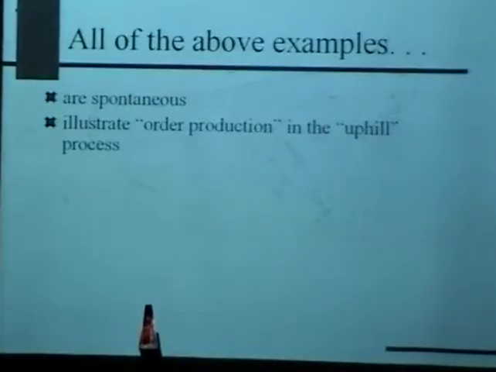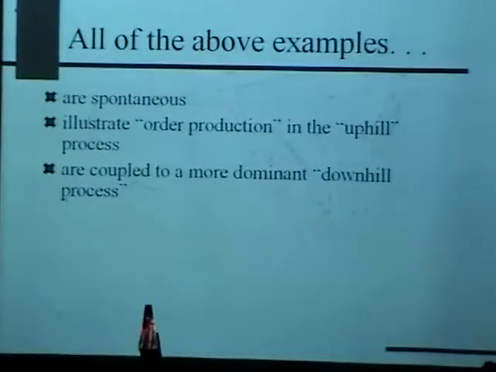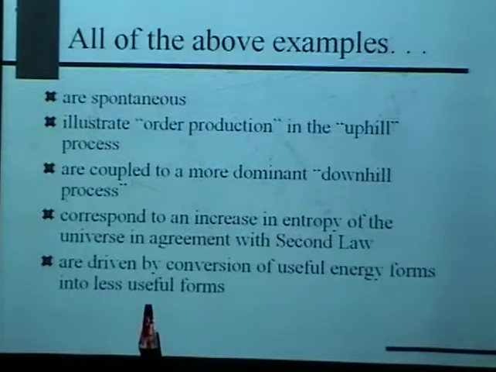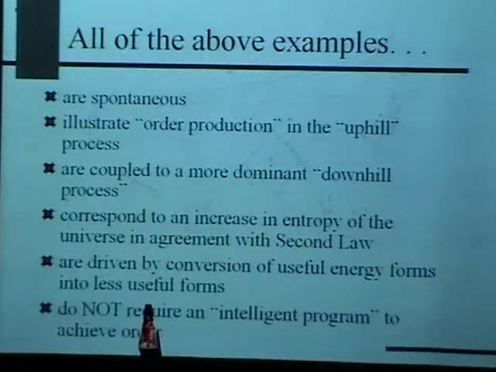They illustrate order production in the uphill process. They're coupled to a more dominant downhill process. They correspond to an increase in entropy of the universe in agreement with the second law. And they're driven by conversion of useful forms of energy into less useful forms. They do not require any sort of intelligent program to achieve the order.